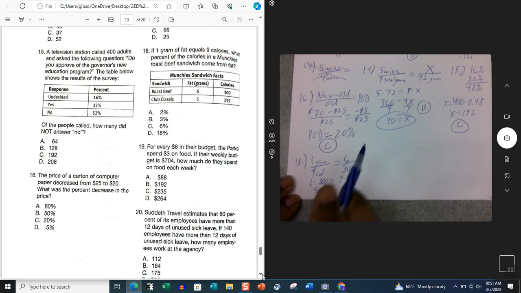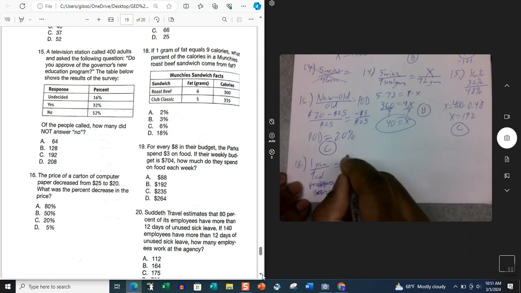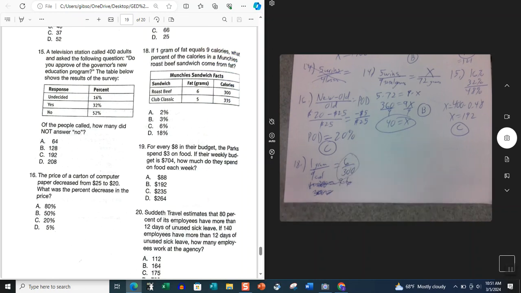Actually, we weren't supposed to do this because we know what these numbers are. This was set up a little differently, because usually we would have our proportion with an X over 300 or 6 over X, but it's given to us. So all we have to do is put this 6 over 300 and make it into a percentage. So this is what we would do. We would take our calculator.